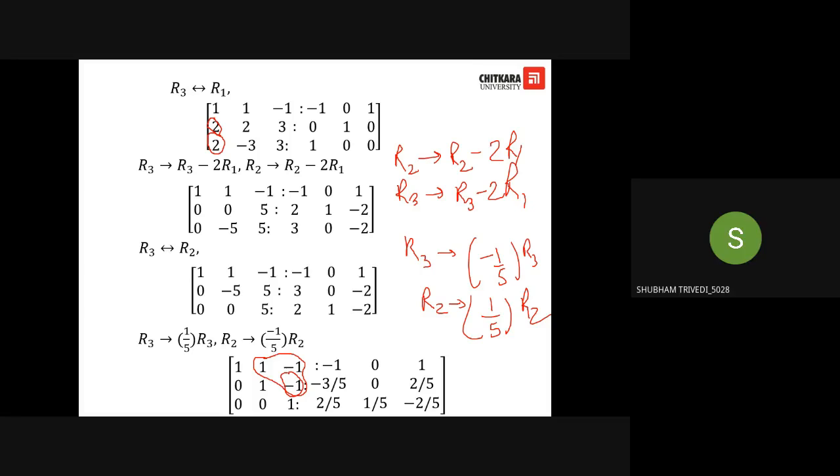Anyone? R2 plus R1. Anyone else? Vanshita? Okay, Anurag, are you there?